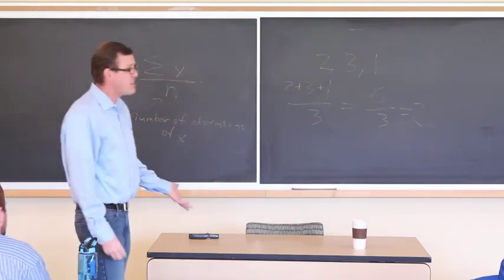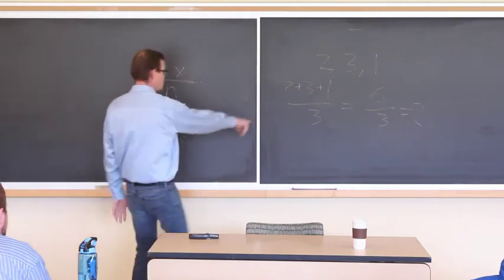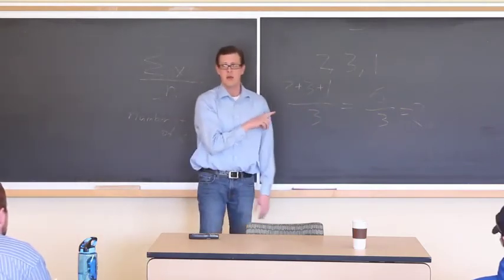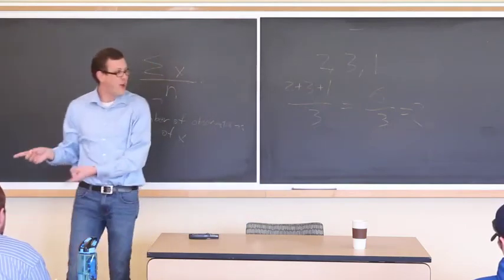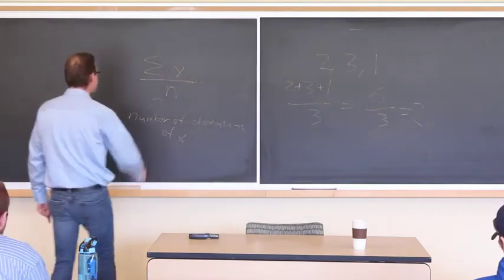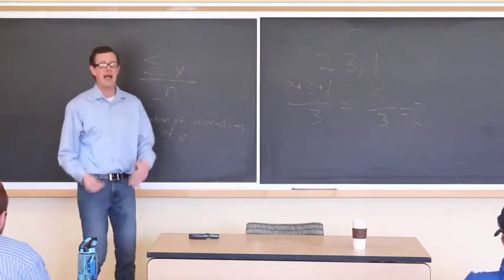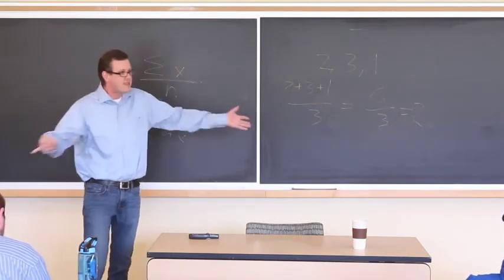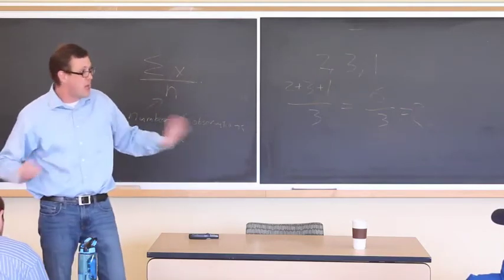Now, if you have a small data set like this, writing it out in longhand isn't that big of a deal. But if you have 100 observations, this type of notation allows us to communicate something much more succinctly. All we're doing is just adding stuff up. It's not hard.